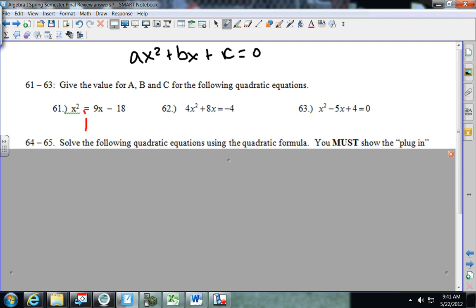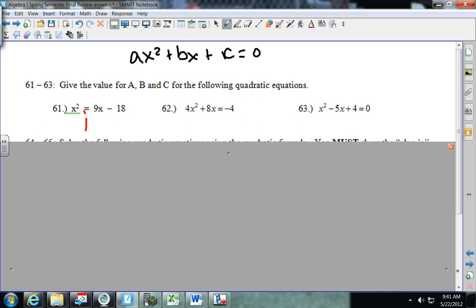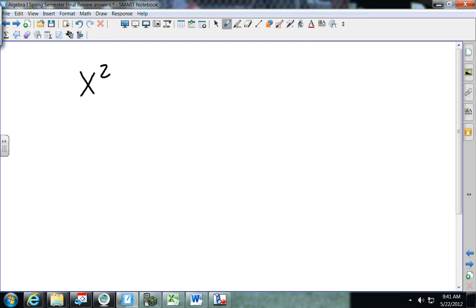So what I would do, well, let me write it on another page here. So x squared equals 9x minus 18. Is that right? I can't find my paper here. It is? Okay. Now I'm going to move my 9x over to the left, and I can't just put it there.